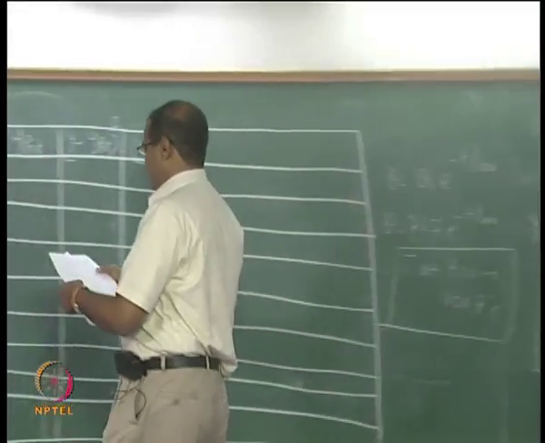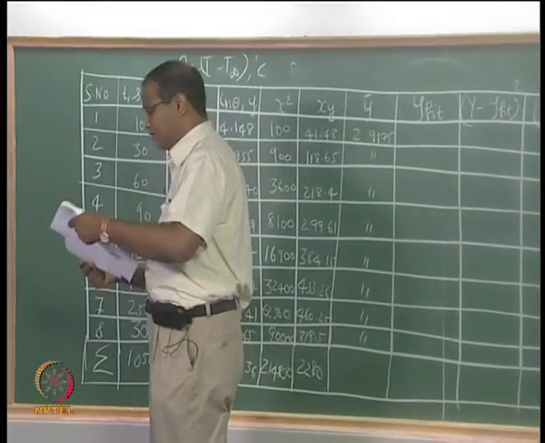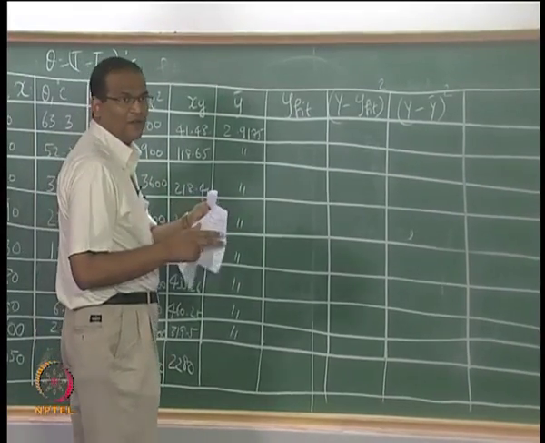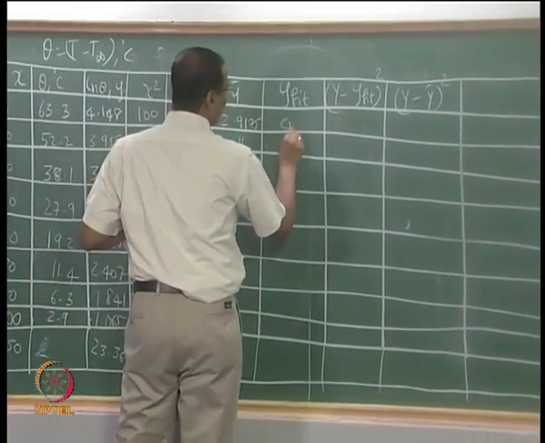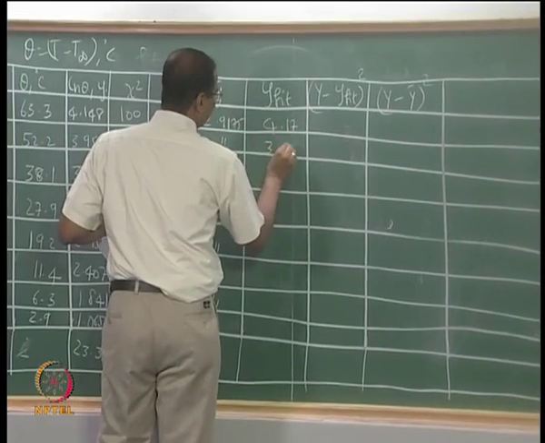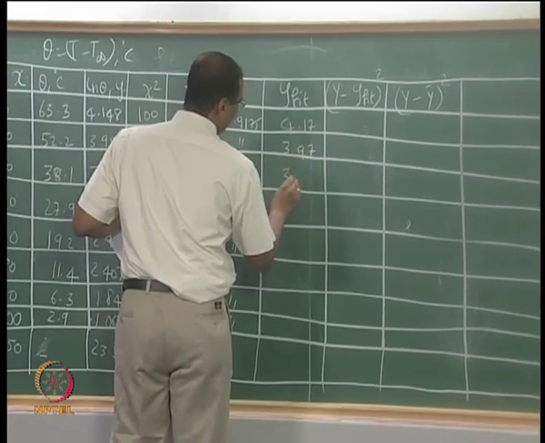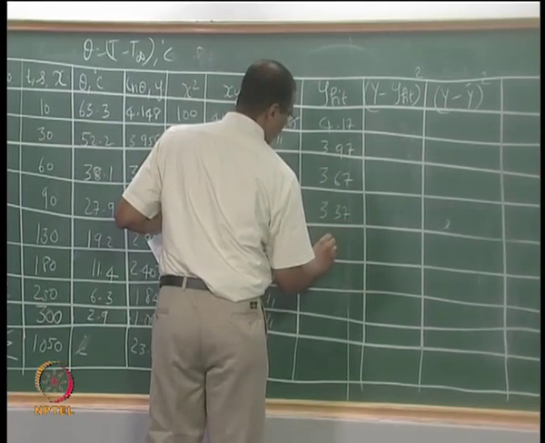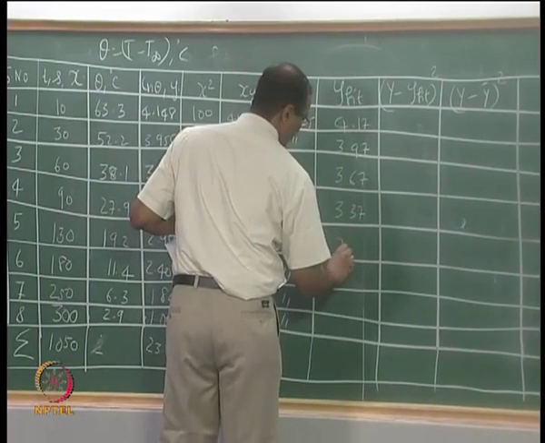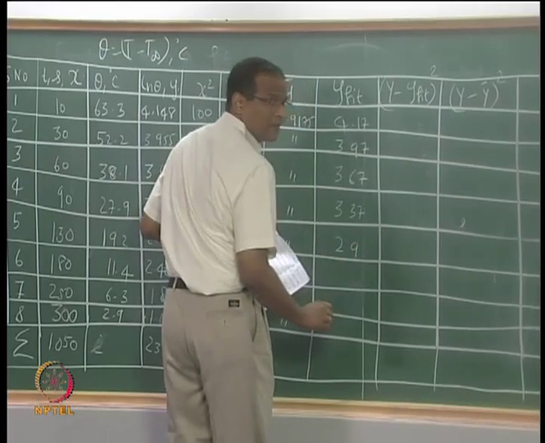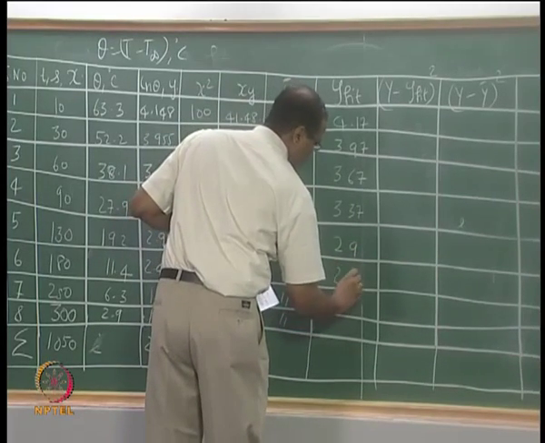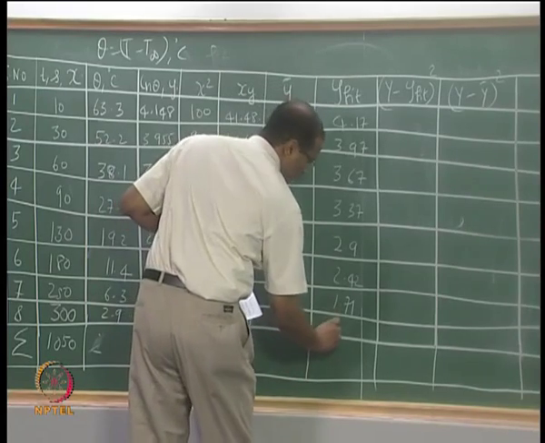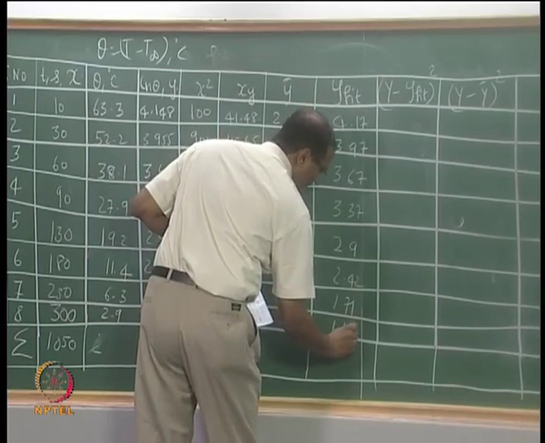So Y fit, can you tell me the Y fit values please? 4.17, 97, 97. 2.42, 1.71, 1.1, 1.19.